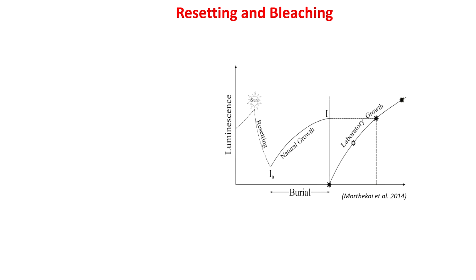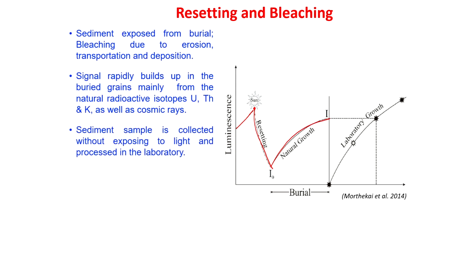So, the bleaching part which we were talking about is that once it is buried, it will acquire the illumination energy, and once it is exposed, it will bleach, and then the resetting will be done, and again it will keep growing. So, this is what we are talking about. Sediment is exposed from burial, bleaching due to erosion, transportation and deposition.